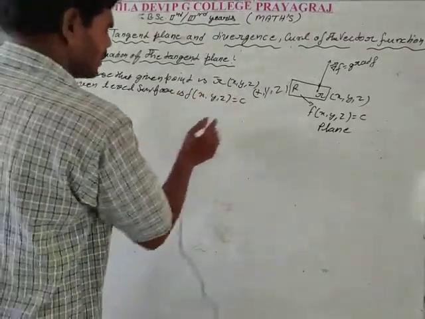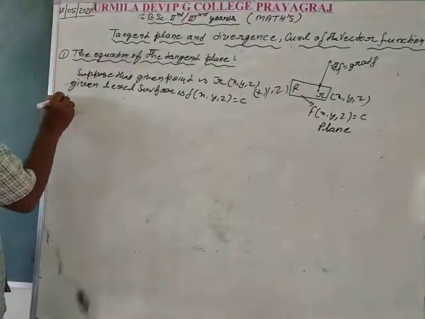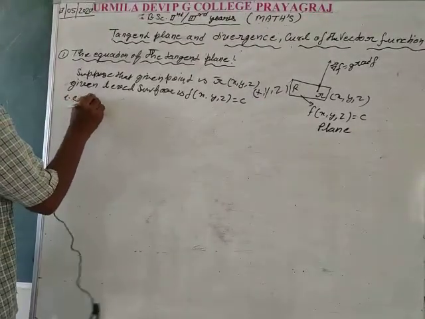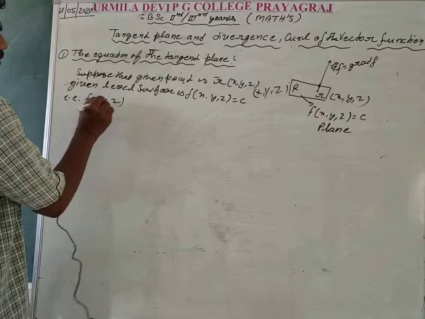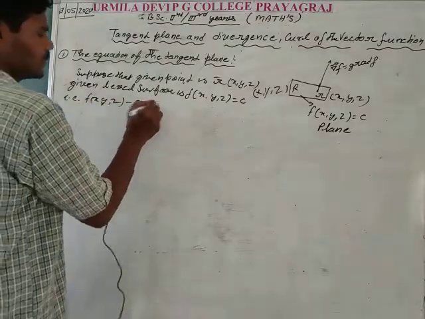It can also be written in the form f(x, y, z) minus c equals 0.